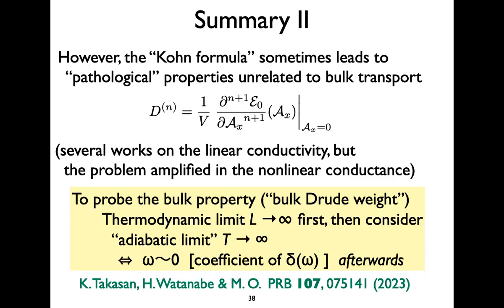If you consider nonlinear Drude weight, then sometimes the Kohn formula diverges. So the difference due to different order of limit is kind of amplified in the case of nonlinear response and nonlinear Drude weight. So that also gives some hint to understand linear response. Okay, that's what I wanted to say. Thanks for your attention.